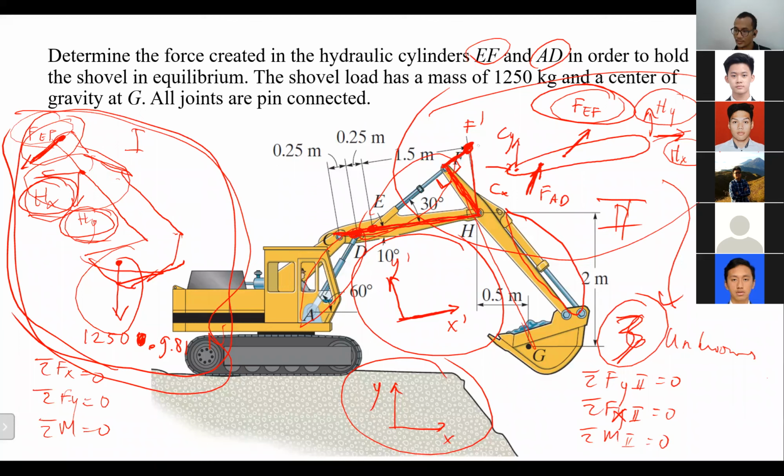This perpendicular distance, what do you mean? No, not that distance. The distance of when we make EF into the Y component. Yeah, because we're trying to find the moment, right?